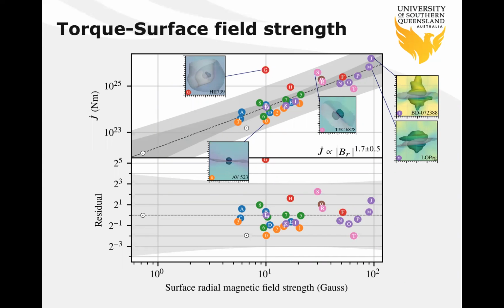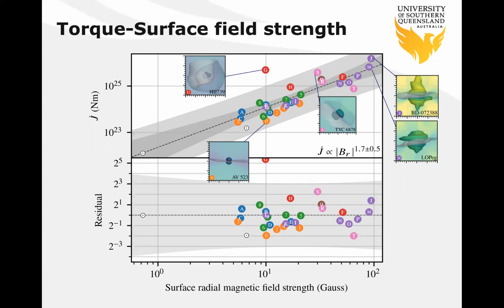HII 739, which wraps the current sheet around itself, is the one that's most of an outlier. Looking at the residuals, there's a factor of about 2 to the 6, or 64, variation that cannot be explained by only the surface magnetic field strength in our models.